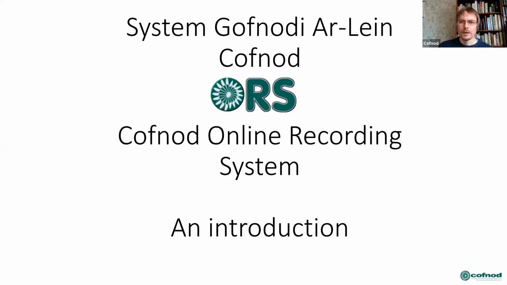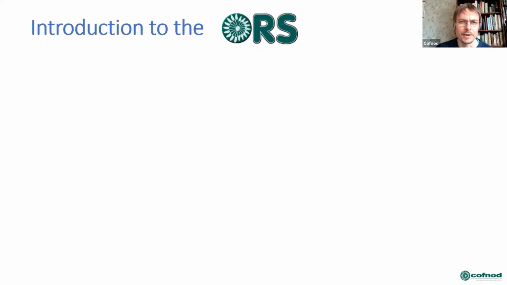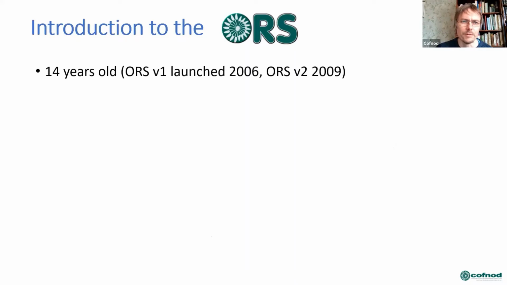Right. Okay, so I'll take you through roughly how you put a biological record in on the Cofnod ORS. This will just be a whistle-stop tour, really. I'm not going to labour it too much because I'm sure many of you are already familiar with it. Okay, so the ORS has been around quite a long time. In fact, it was one of the first online recording systems for biological data in the UK, which is quite surprising. So you forget how long it's been in use.